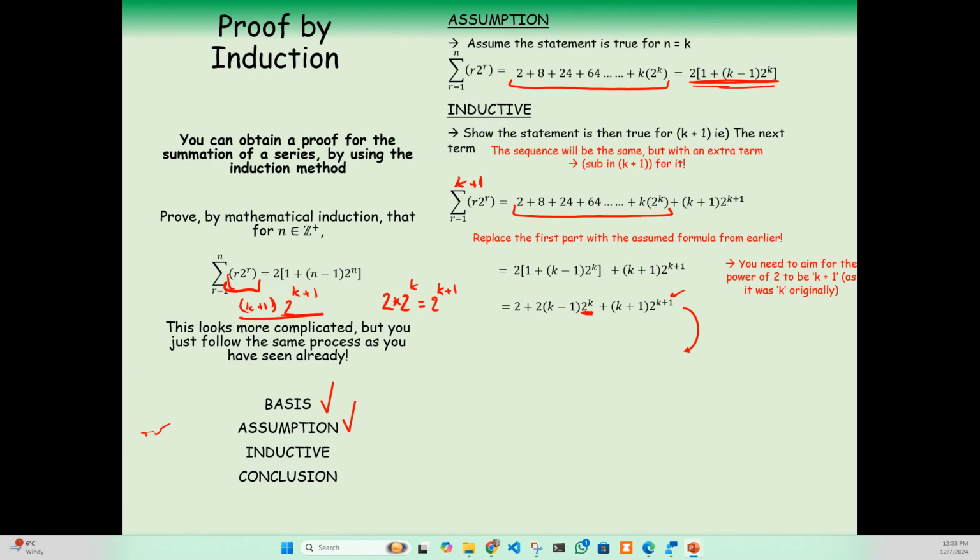Okay, so we're just using the fact that this 2 has an invisible 1 for its index, so don't forget your index rules. This multiplication results in that.